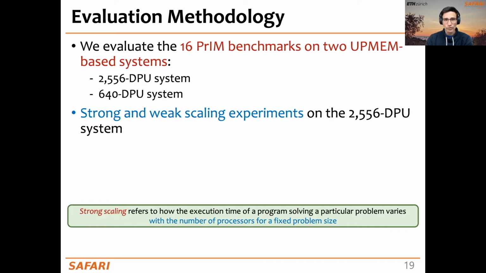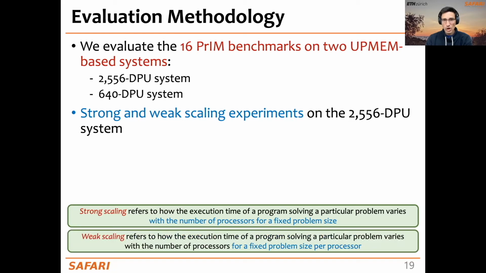Strong scaling refers to how the execution time of a program solving a particular problem varies with the number of processors for a fixed problem size, while weak scaling refers to how the execution time of a program solving a particular problem varies with the number of processors for a fixed problem size per processor.